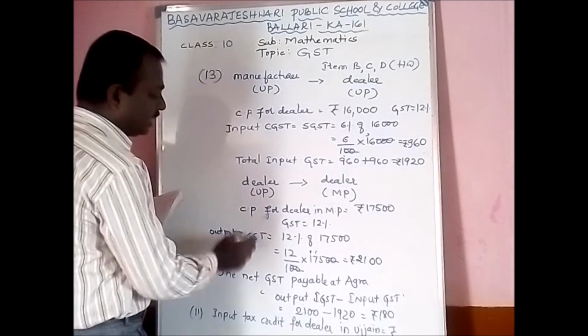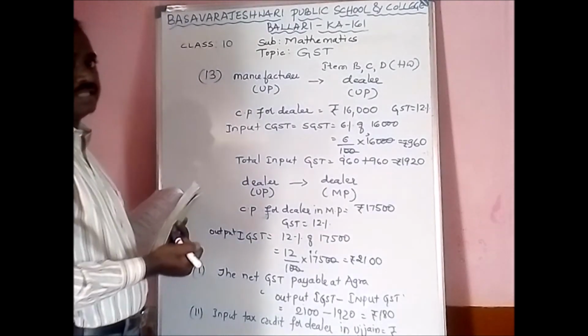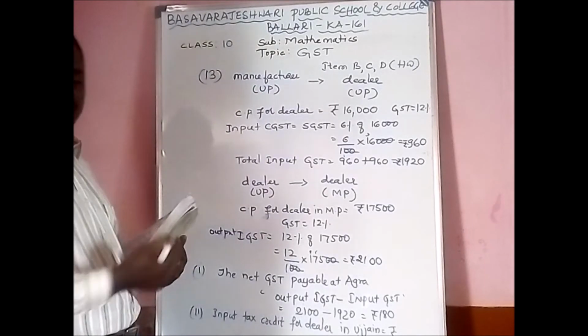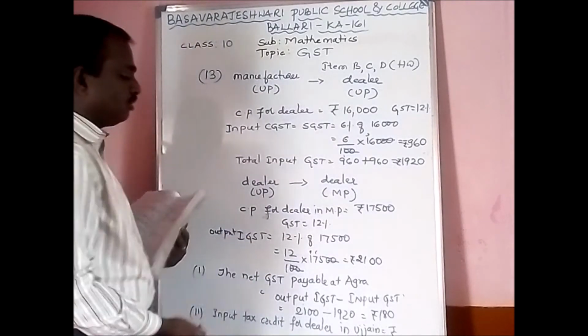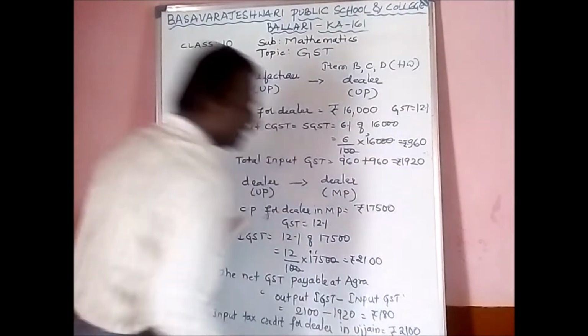That is nothing but the IGST he has paid, isn't it? He has paid because he purchased the cycle from the Agra dealer. So how much IGST is paid? That is rupees 2,100.